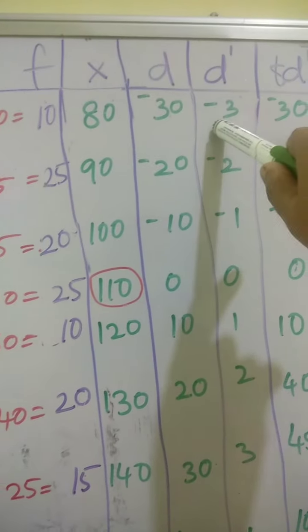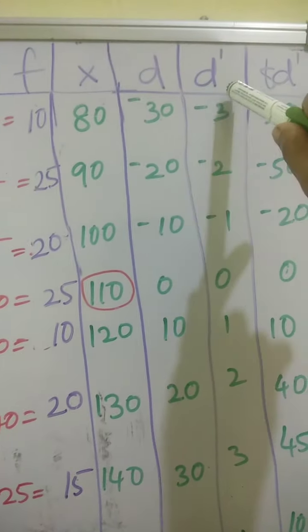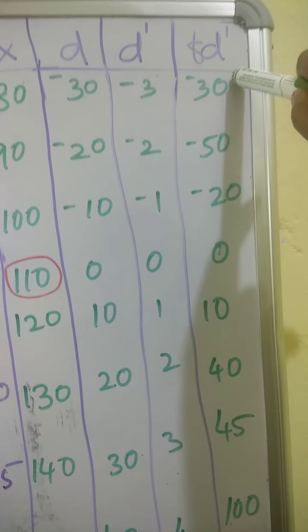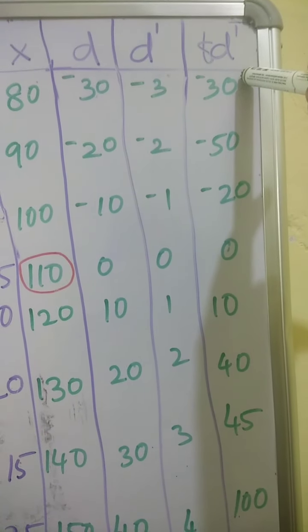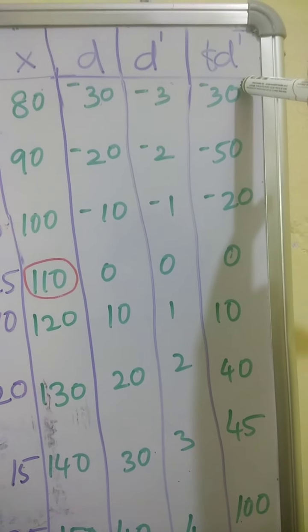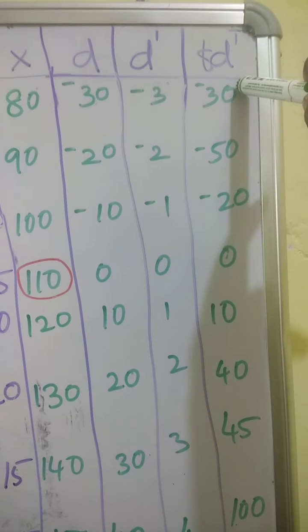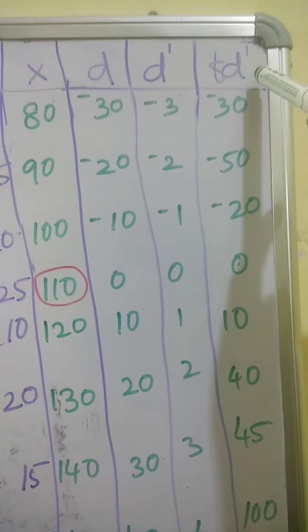Now, the next column is d dash. How to find out d dash? d by c, d by the common factor. So minus 30 by 10, minus 3, then minus 2, minus 1. Likewise, these are the d dash column. Now, in order to find out the mean through the step deviation method, we want one column, that is sigma f d dash.